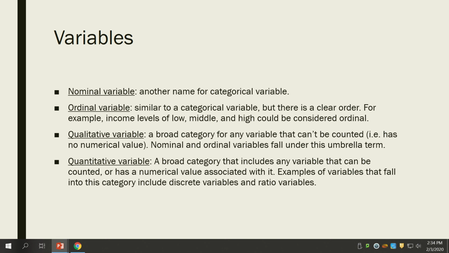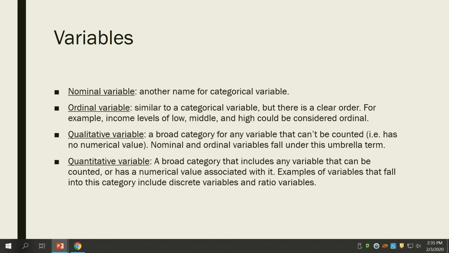Something that I wanted you to know, and this will hop on to the next set of slides that you don't have, but it will be on YouTube, so that's good. Qualitative variables, generally, these are nominal and ordinal variables. So, categorizing something and then putting an order to it.